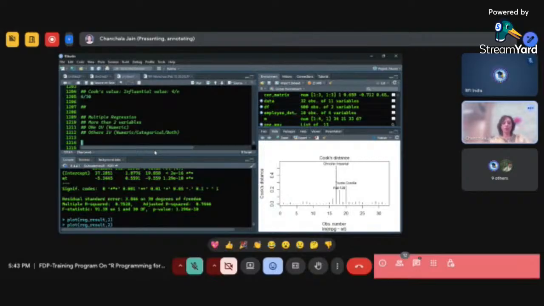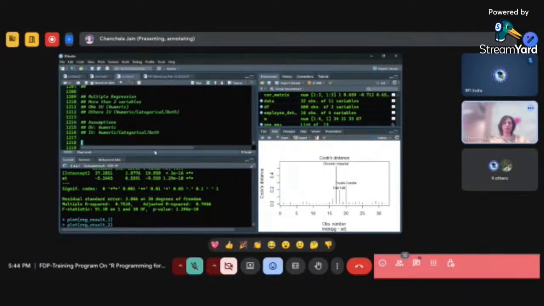Talking about the assumptions: the first assumption is related to the type of your variable. The DV should be numeric, right? The IVs can be numeric as well as categorical or any combination, right?